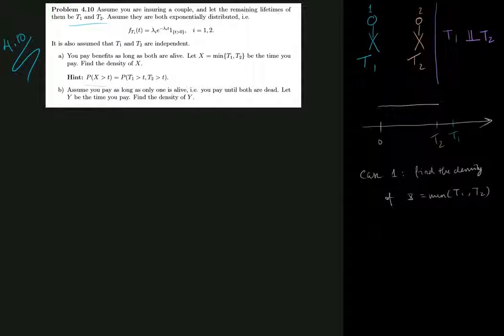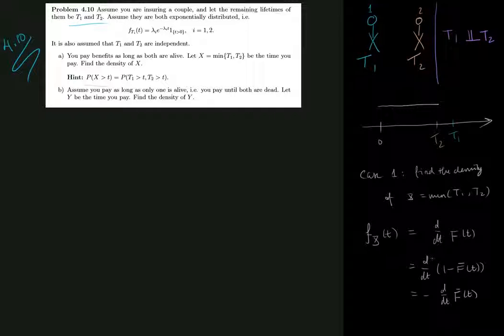So we just need to recall that the density of X for some value t is the derivative of the survival function with a minus in front. Or actually, by definition, it is the derivative of the distribution function, right? Which is then equal to 1 minus the survival function. And that is equal to minus the derivative of the survival function, because when we differentiate 1, we just get nothing.